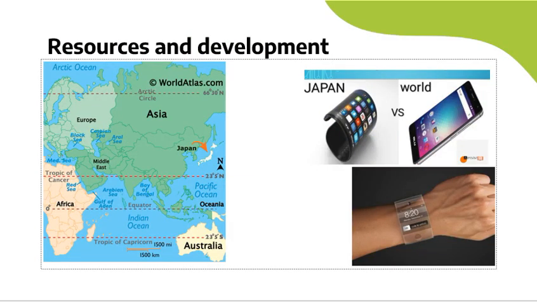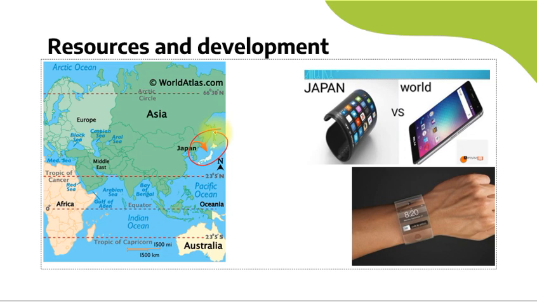So see, on your map you can see there is a small island nation over here which is called Japan, right? If I study the geography of Japan, I'll find out that on all four sides it is surrounded by ocean. And in terms of agriculture also, it has limited agriculture.